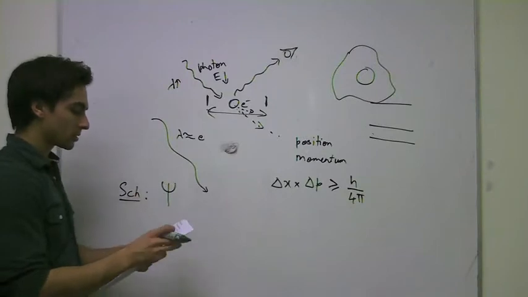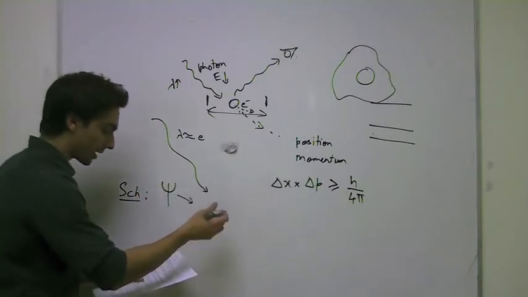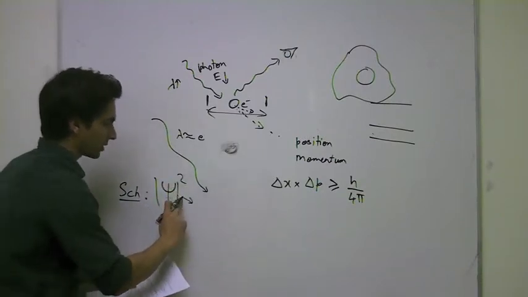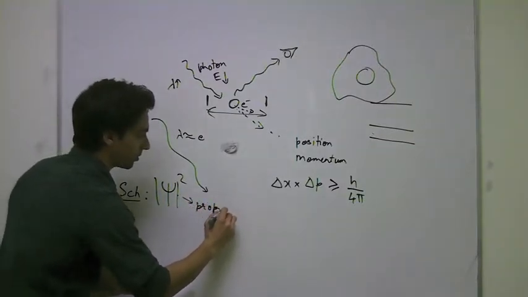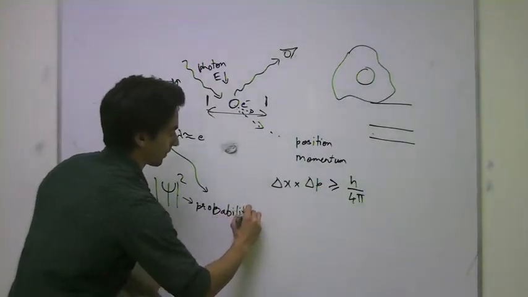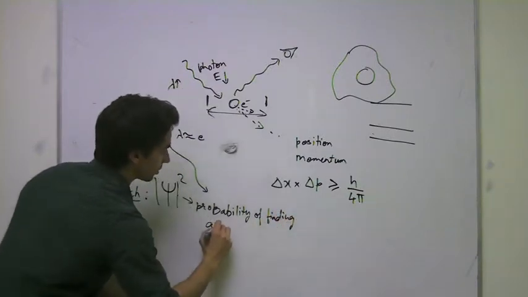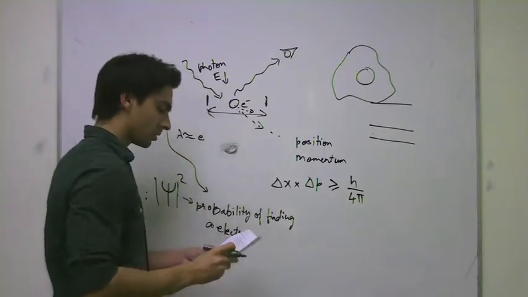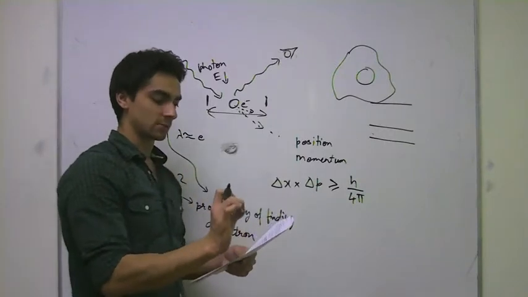All that the students need to know is that the wave function defines electrons, and the square of the wave function will tell the probability of finding an electron at any particular point in space and time.